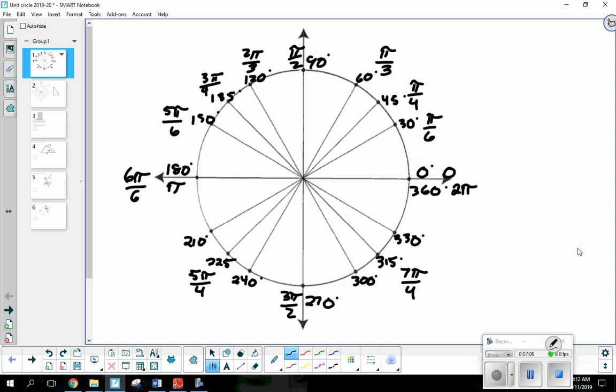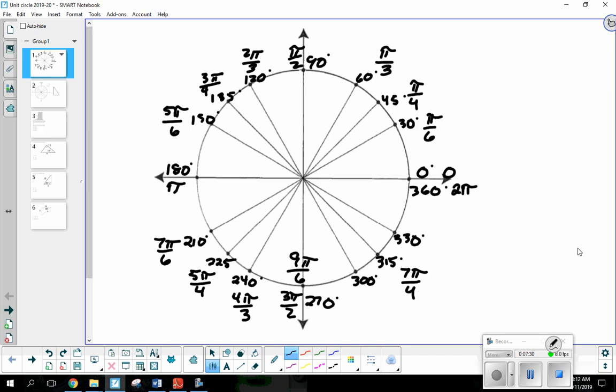Okay, what's next? 7 pi over 6, which would be at 210. Then 240 would be 8 pi over 6. Well, what's 8/6? Okay, so 4 pi over 3, or 4/3 pi. And then we get around to 9 pi over 6. 270, the next multiple. But what's 9/6? 3/2.